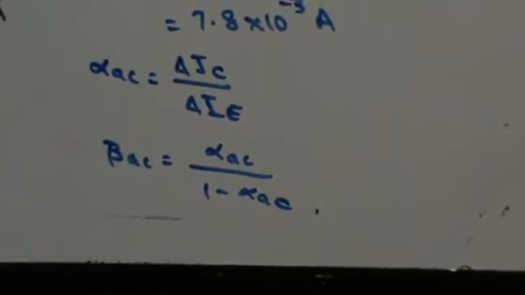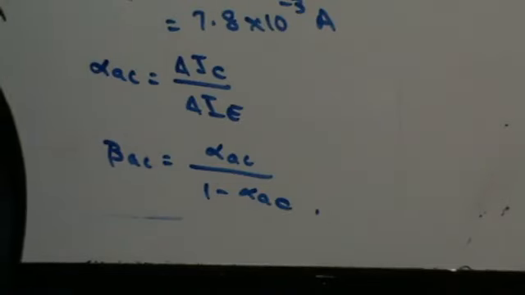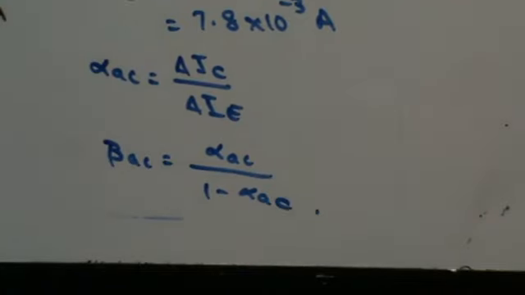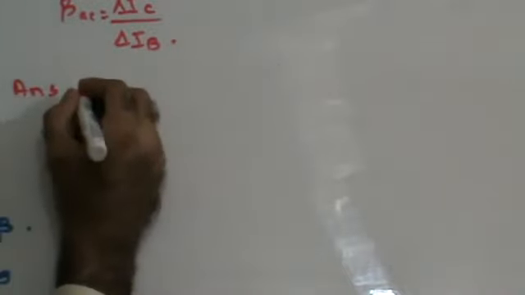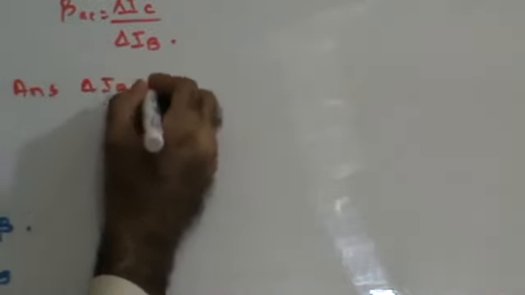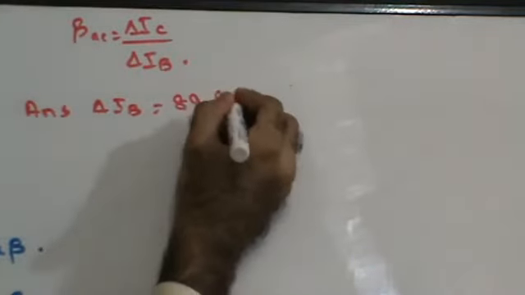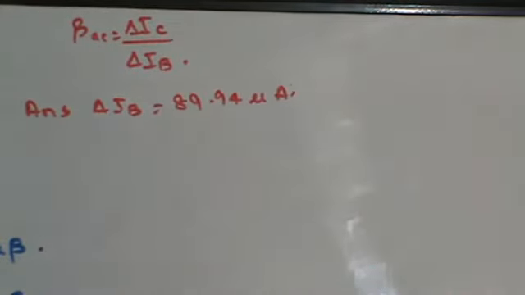Once I know current gain, then I can say that current gain beta AC is nothing but change in collector current upon change in base current. Beta AC, I would have found out, change in collector current is given to you, so you will come to know your change in base current. Answer for this sum should be change in base current is 89.94 microamps.